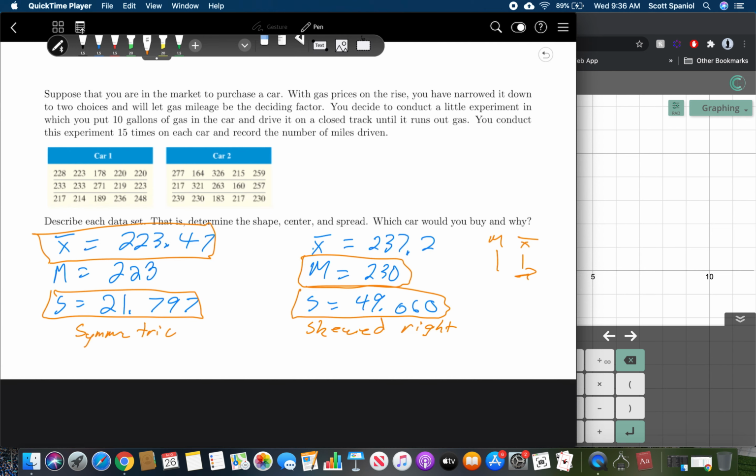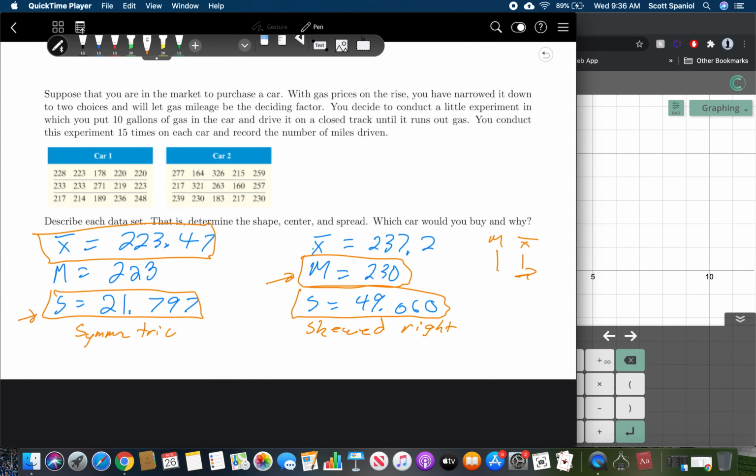Okay. So now you want to choose which car to pick. So we could pick car 2 based on the fact that its center is larger than the other one, or you could choose car 1 based on the fact that it's more consistent because its spread is smaller, right? Something is more consistent if it's less spread out. So there's an argument to be made for either of these cars depending on which one is more important to you.